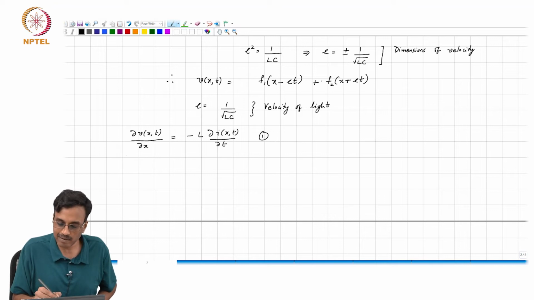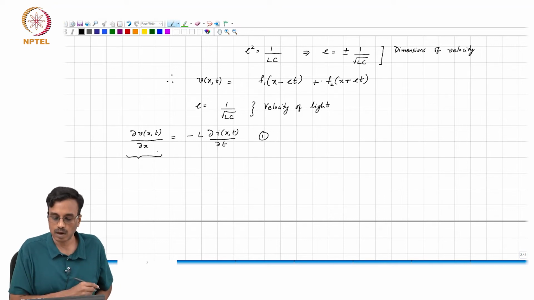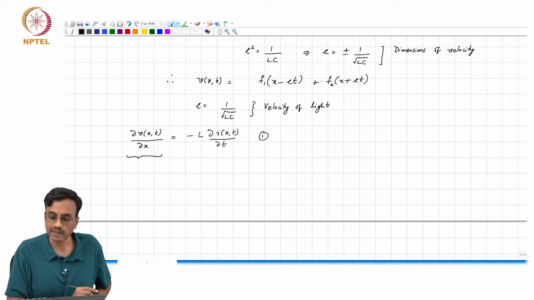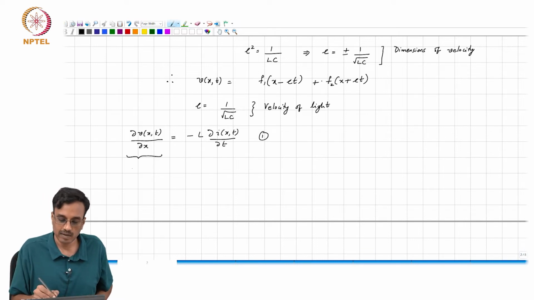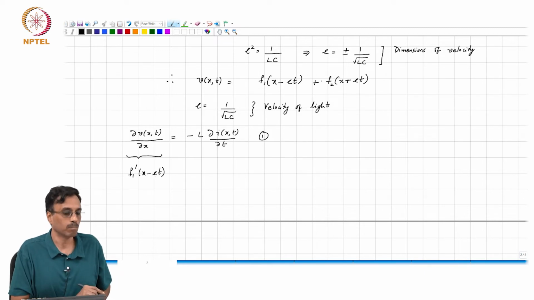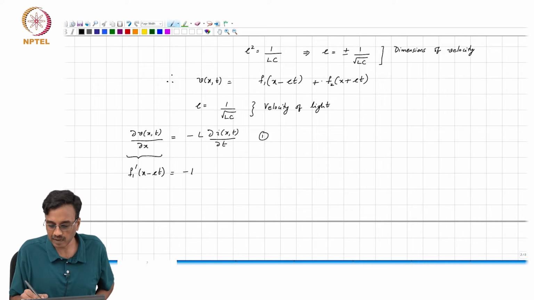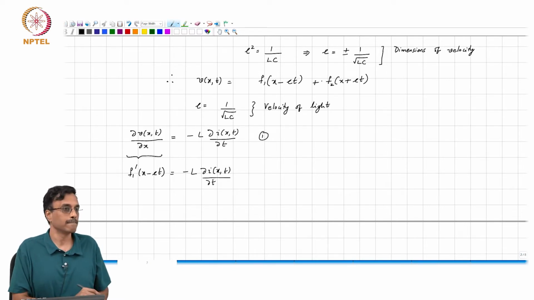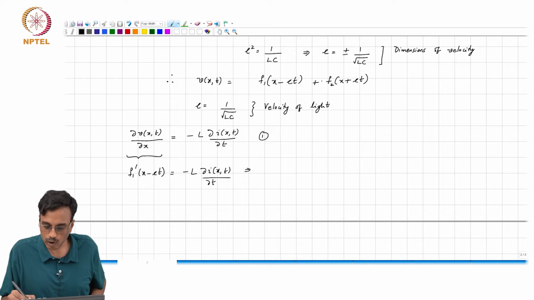What is the derivative with respect to x? This is simply f1 prime of x minus ct, correct, and this must be minus L times the partial derivative of I with respect to time. So, what comment can we make about I of x comma t?